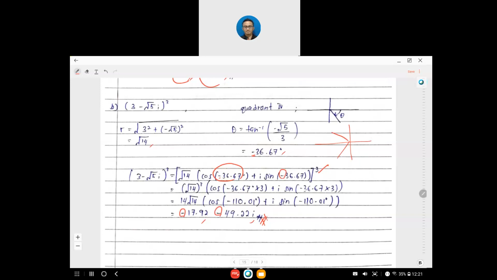It has deviated. So change to, because this is the first quadrant, make sure you change theta to 360 minus 36.67. What will you get? 360 minus 36.67 gives 323.33. Because when you do all of it you will get positive. This is wrong, change it.